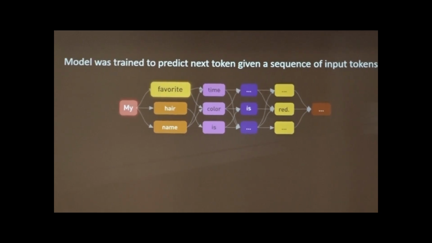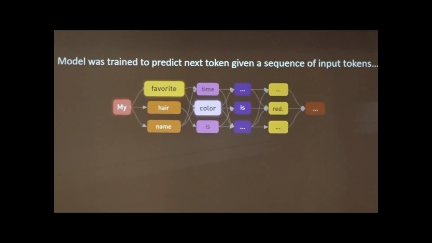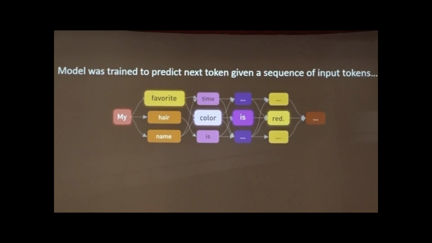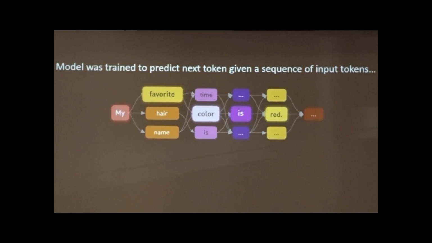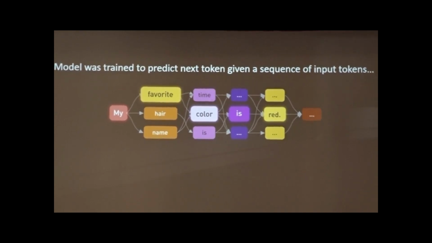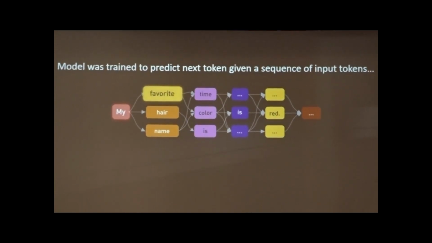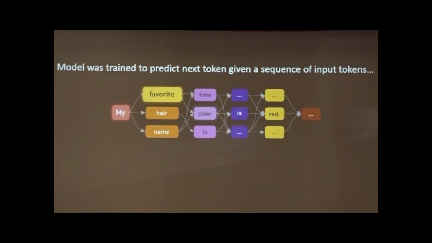Now the model will be trained to predict the next token given a sequence of input tokens. You can see that here. I will rerun it so that you can better understand. Just have a look at this again. It started with my favorite color is red. This is the input sequence given to the model.